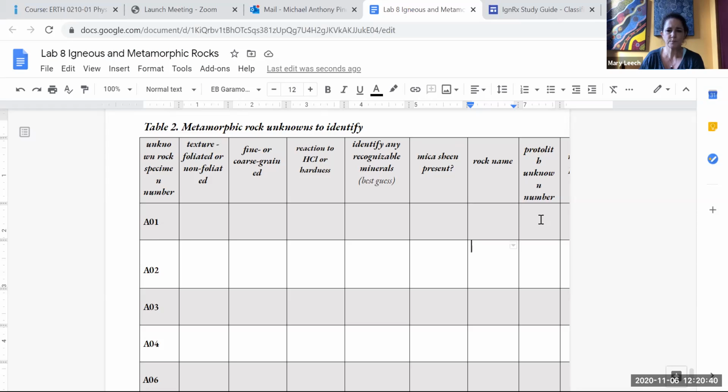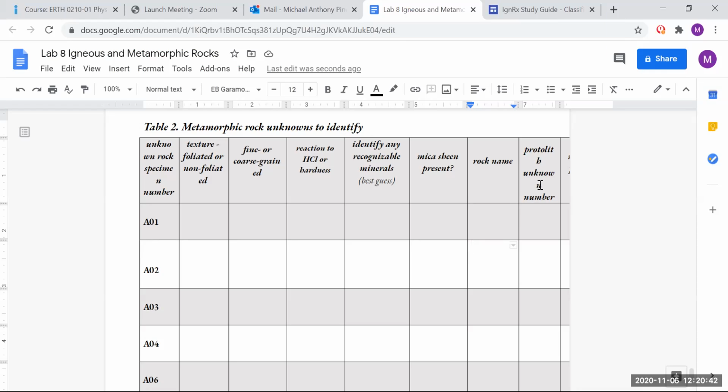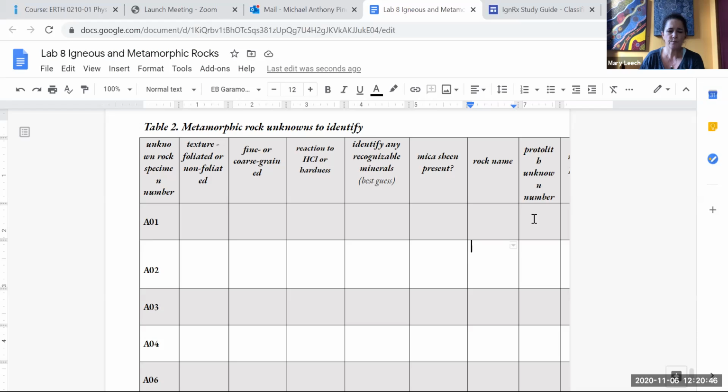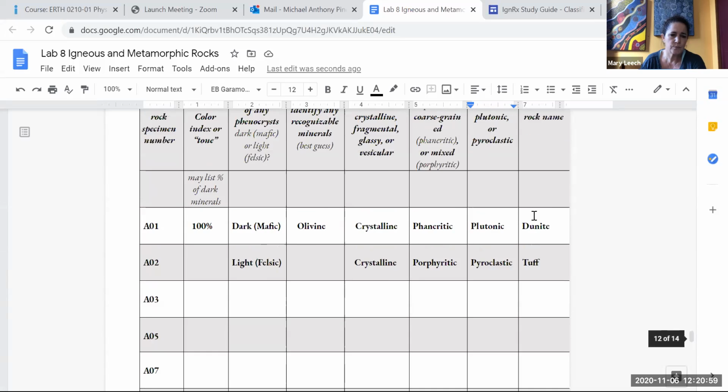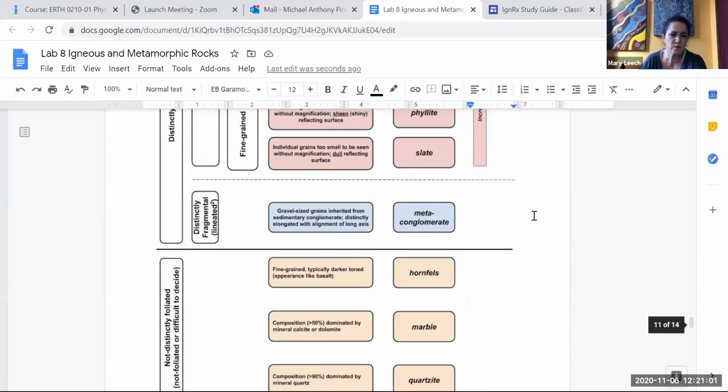So how did you say that we would notice the protolith number? Follow the instructions. There's a link to go to. So go find the link to the protoliths in the instructions. It should be towards the end.